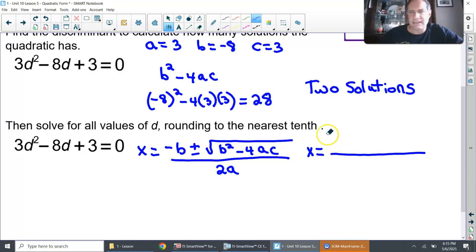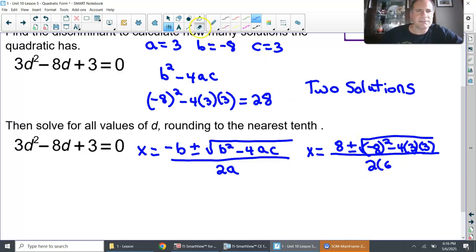So b is -8, so I'm just going to put 8 plus or minus square root of -8 squared minus 4 times a, which is 3, times c, which is 3. All over 2 times 3, which is 6. Oh, I put 6. Yeah.